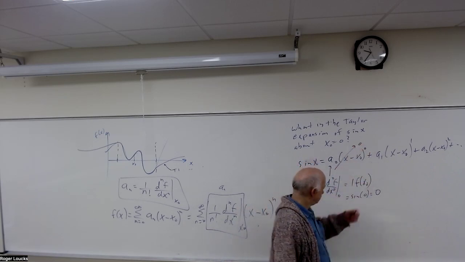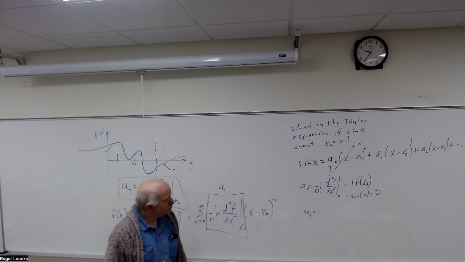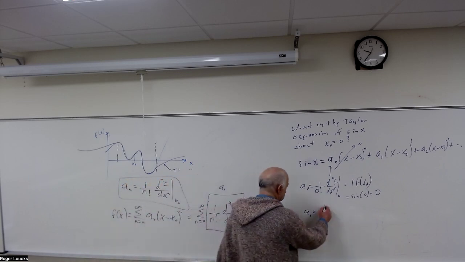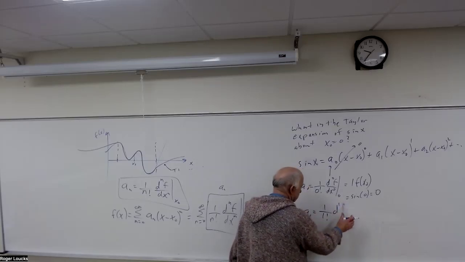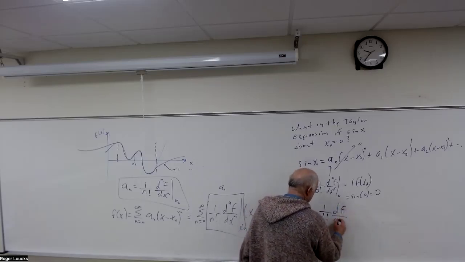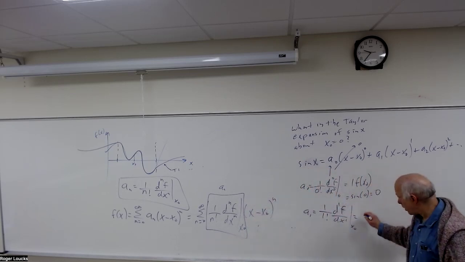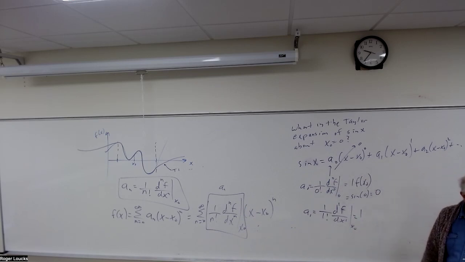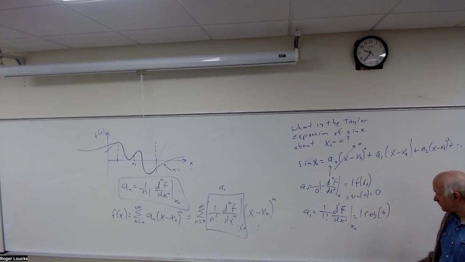Okay, what is a1? One over 1 factorial, first derivative here, evaluated at x naught. What's the derivative of sine of x? Cosine of x, and this is going to be evaluated at 0.